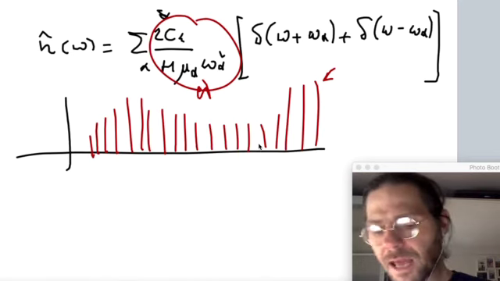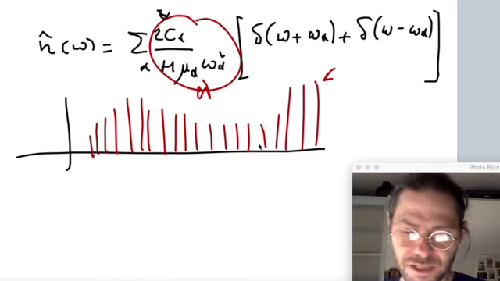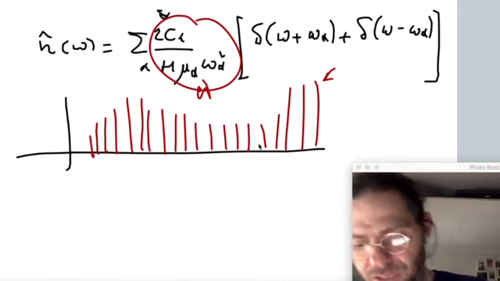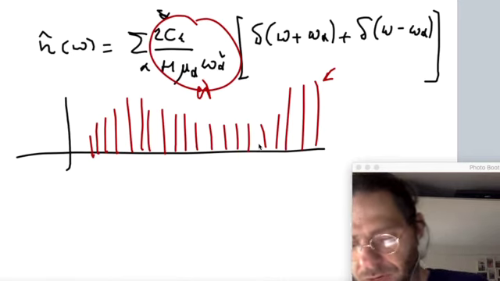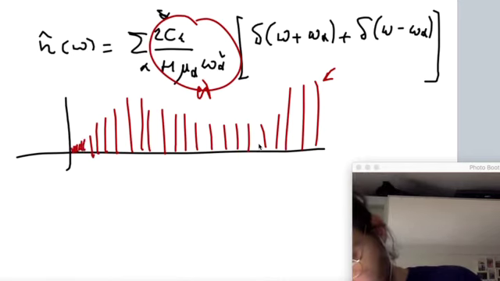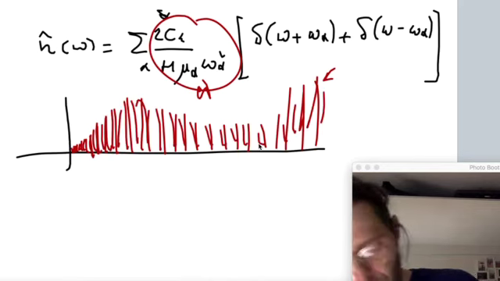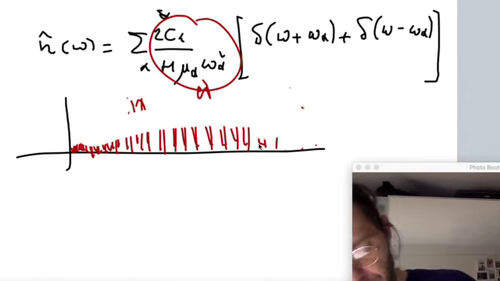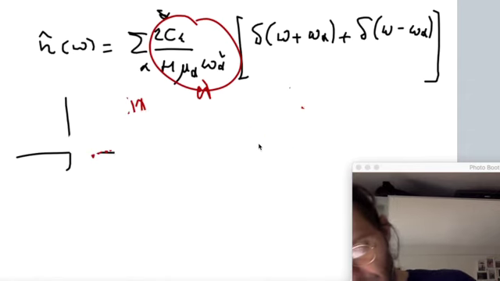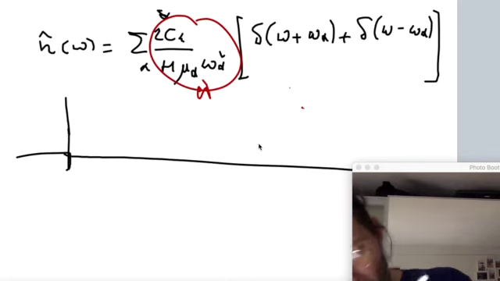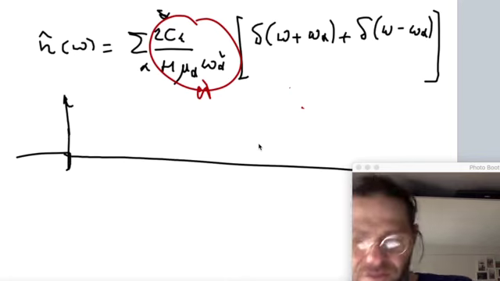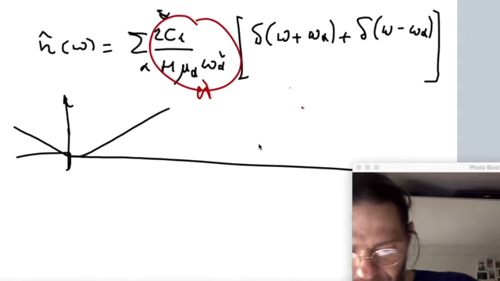Now let's make the limit in which I'm using infinitely many harmonic oscillators. Then clearly in this infinite limit, where the number of particles in the bath is much larger than one, much larger than the particle in the system, I have a spectral density.